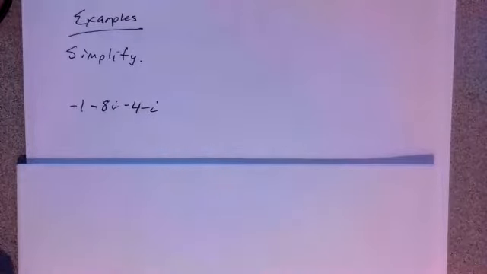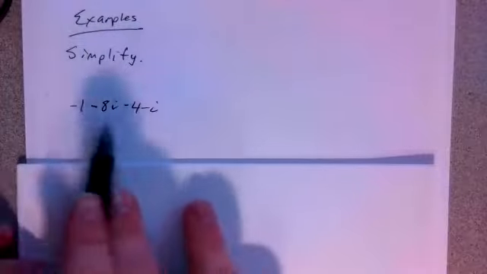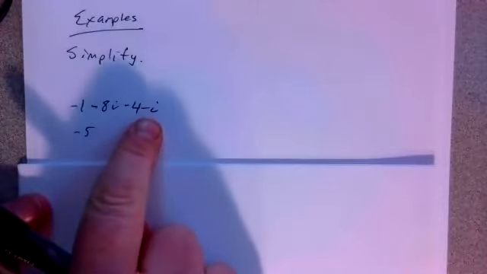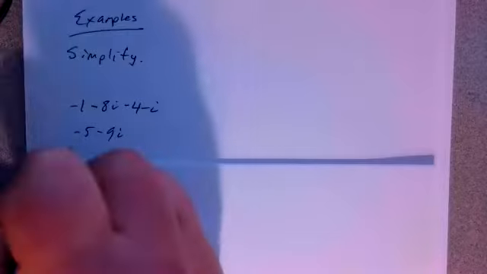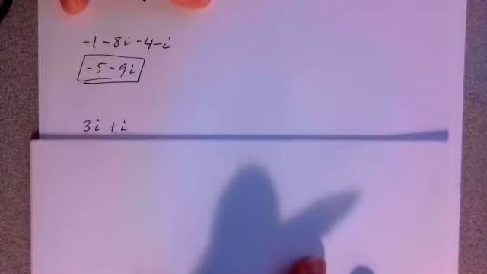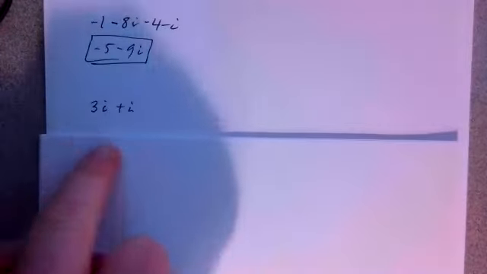Here, this is just simple addition. Combine our like terms. -1 and -4 is a -5. -8I and -1I gives us a -9I. And that's it, as far as I have to take that. 3I plus I, these are two complex numbers.